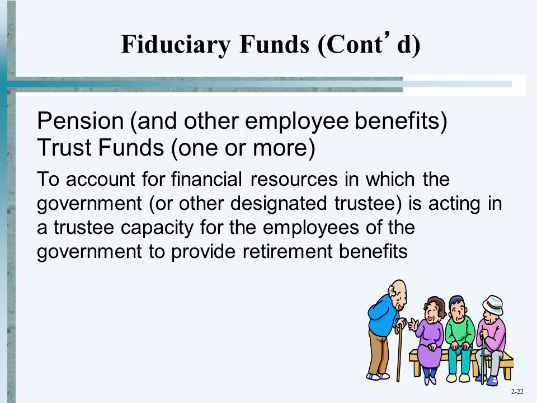Pension trust funds, or any other type of trust funds, account for financial resources for which the government is acting as a trustee for the employees of the government for when they retire.